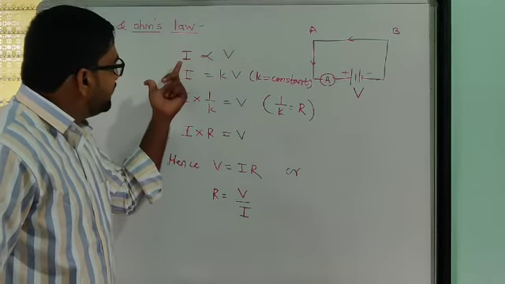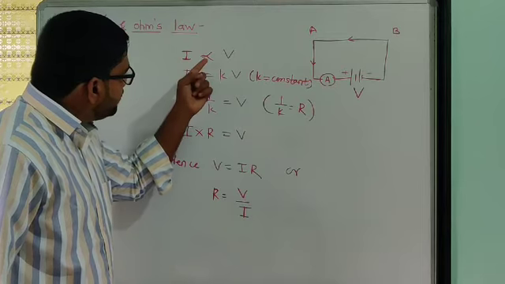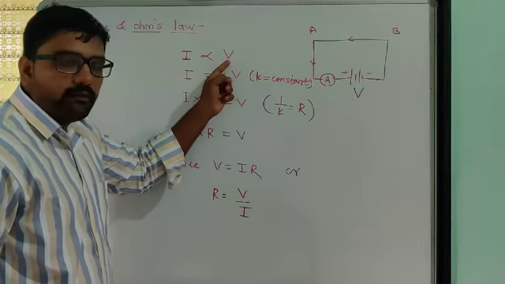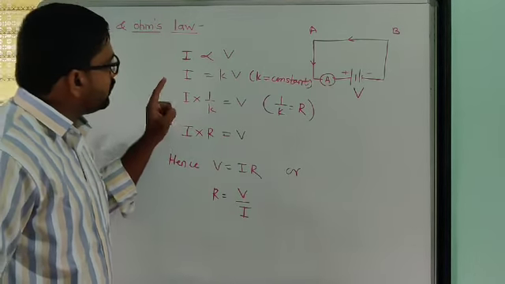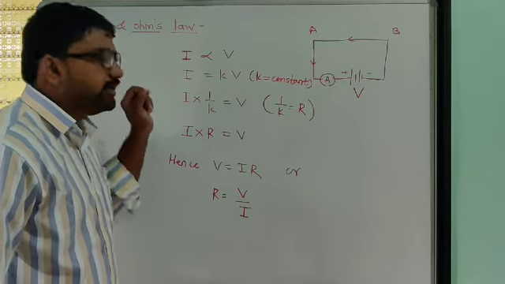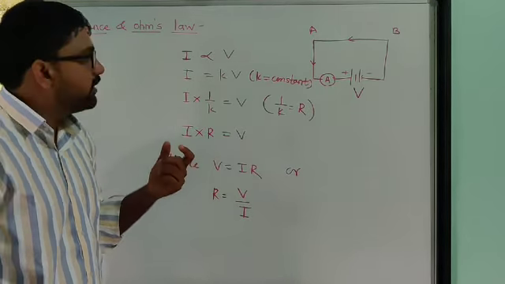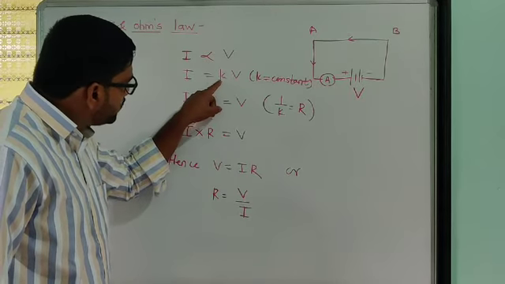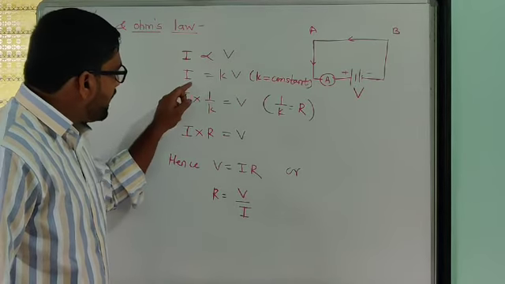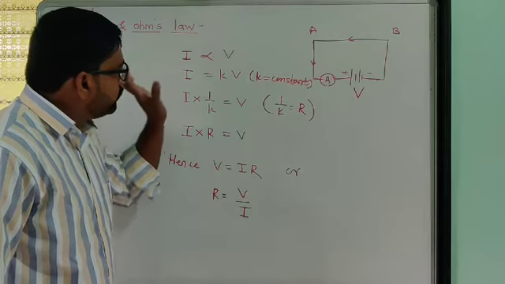So we can say this current I is proportional to the potential difference V. To remove the proportionality and get an exact relation between these two terms, we introduce one constant K. So I will be equal to K into V.